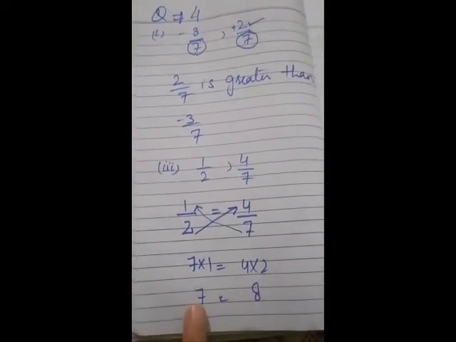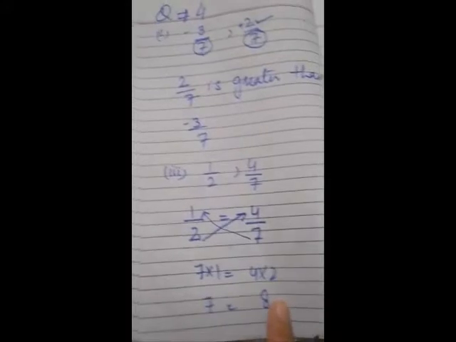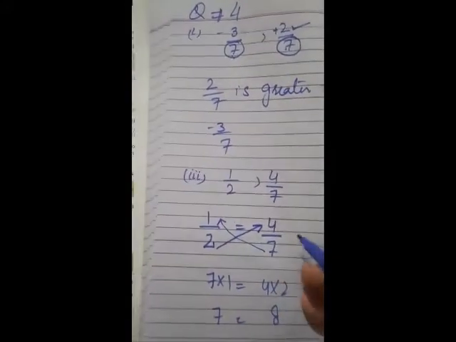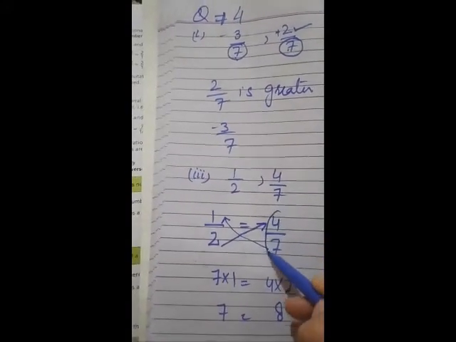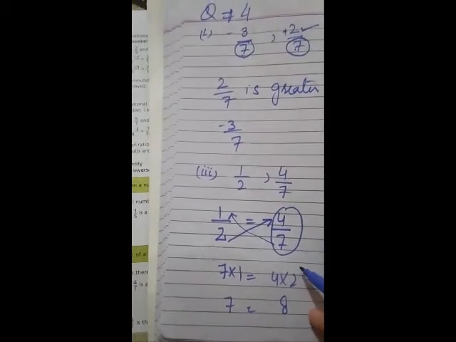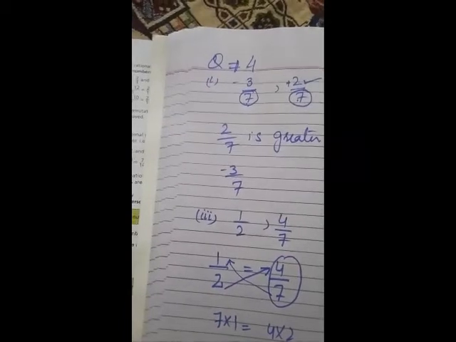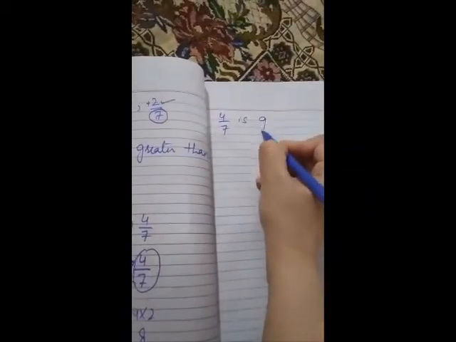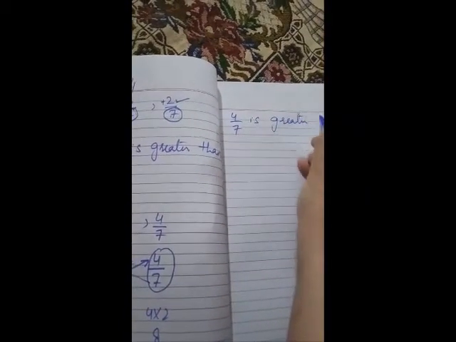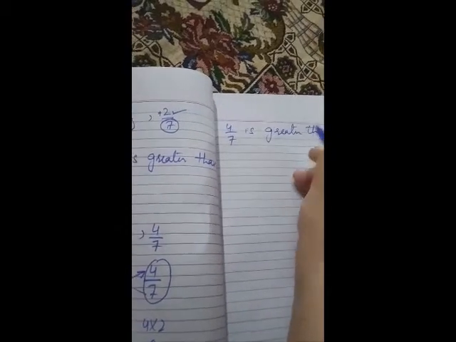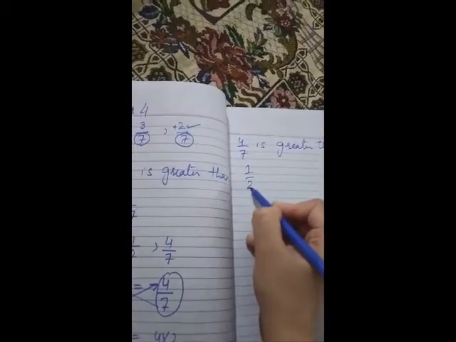So which number is greater, 7 or 8? 8 is greater, so this fraction is greater. 4/7 is greater than 1/2. So the answer is 4/7 is greater than 1/2.